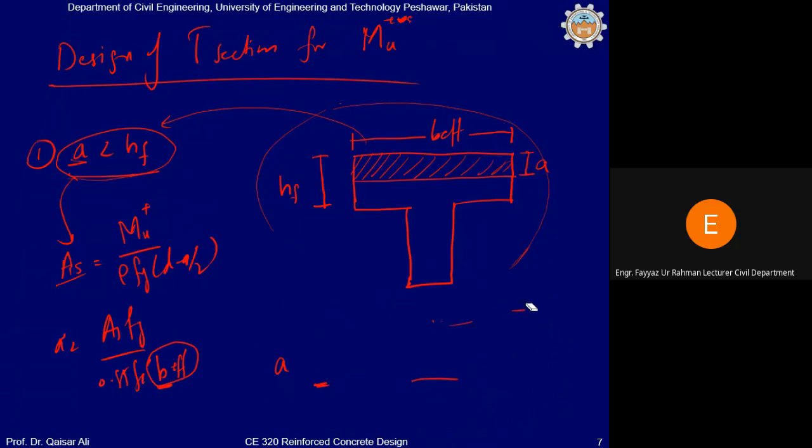But up to this, for positive bending moment and for negative moment, now you can design even a T-shaped section beam. Clear? अब clear है?